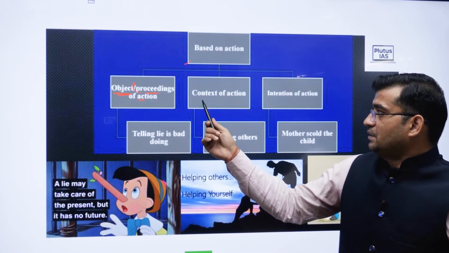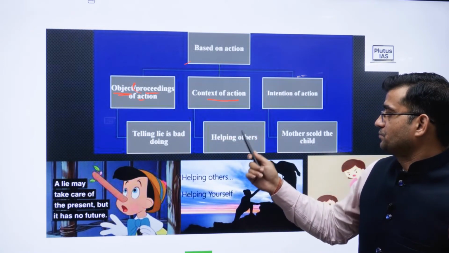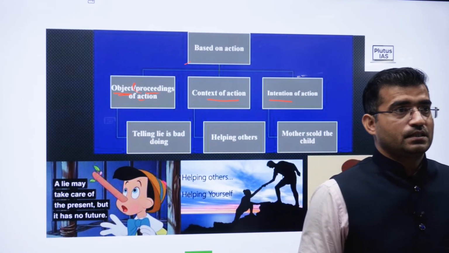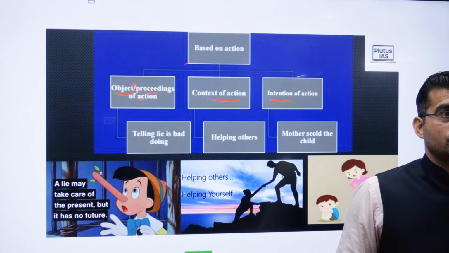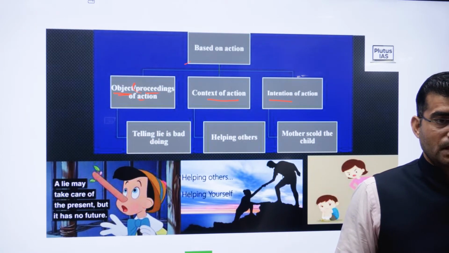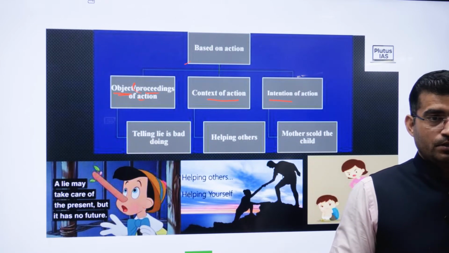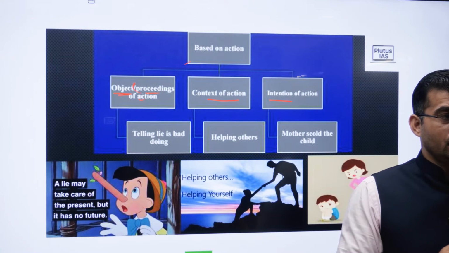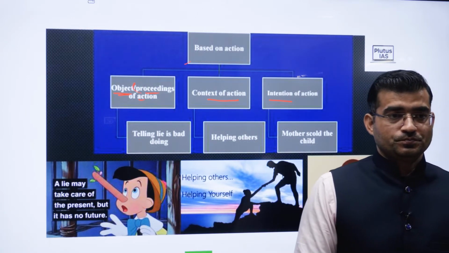And thereafter, context and intention. If intention is good, then whatever the consequence can be held good.